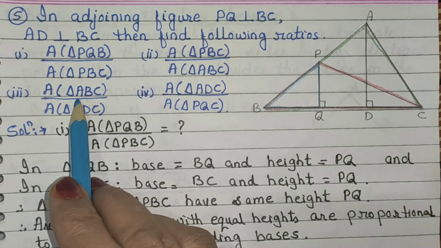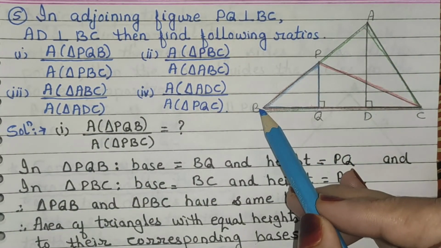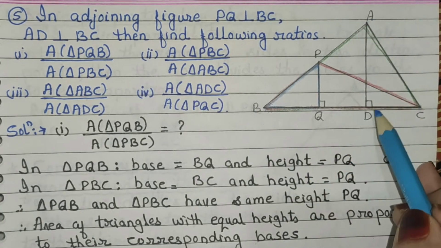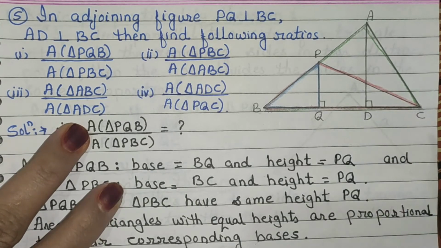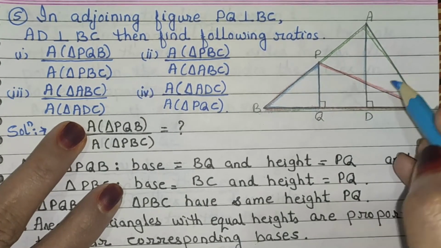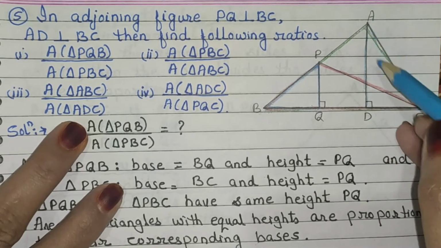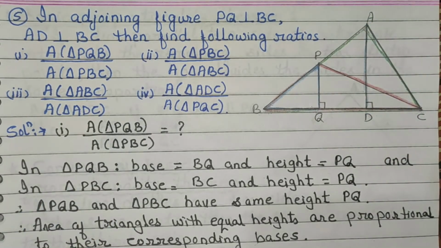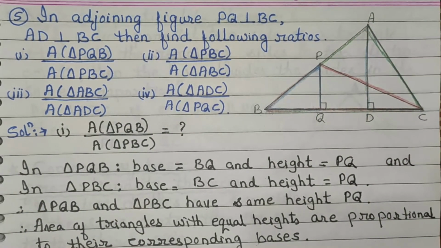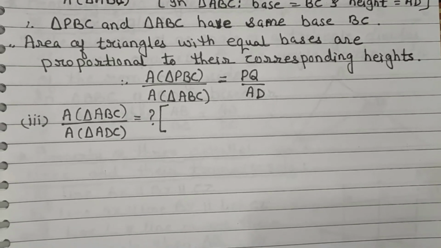For ABC, base is BC and height is AD. Next triangle is ADC. Base is CD and height is AD. Now both the triangles have the same height. Write down here.